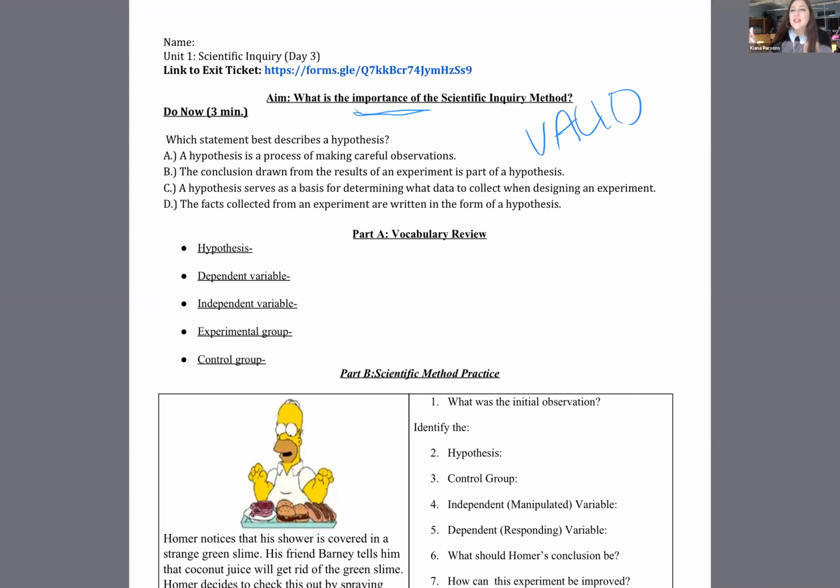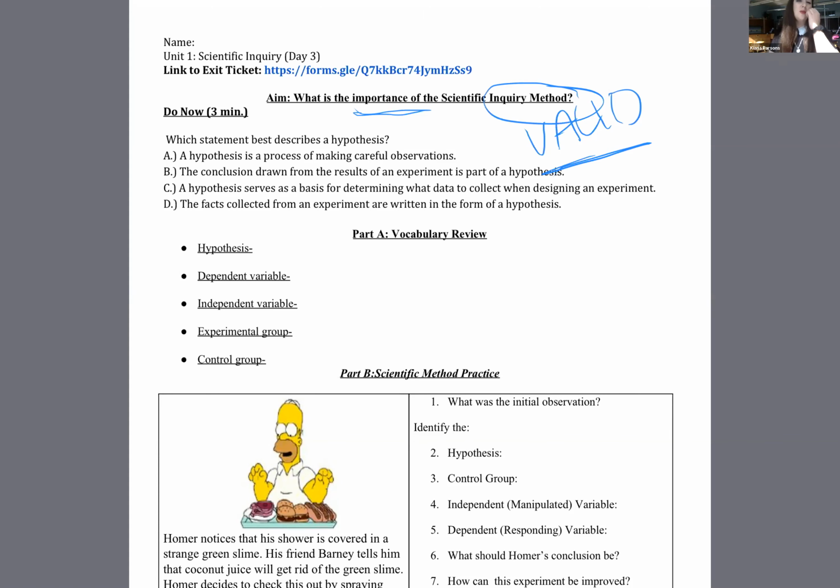And what that means is that the experiment is able to be replicated, that it has a representative sample of data, meaning that the experiment, for example, if you're trying to determine if a plant could grow with Diet Coke, and I didn't set up any detailed experimental procedures, and instead I just started throwing Diet Coke on a plant that was already in my office, and that plant doesn't die, and I say, congratulations, plants can grow with Diet Coke. That was not a very valid experiment because I didn't use the scientific inquiry method. And we're going to talk more about that as we dive into today's lesson.